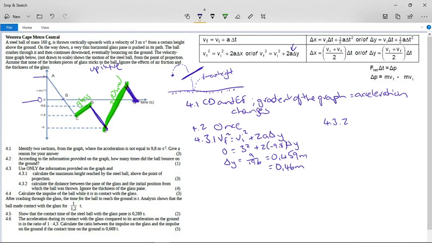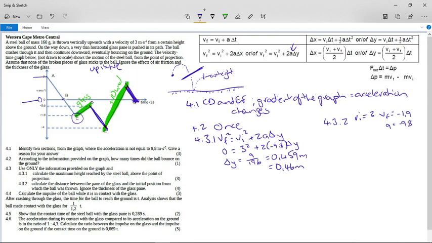We know the final velocity because we know it's at this point C here that it hit the pane of glass. So if we say our initial velocity is 3 and our final velocity is its velocity when it hit the pane of glass, which is negative 1.9, we know the a is negative 9.8.